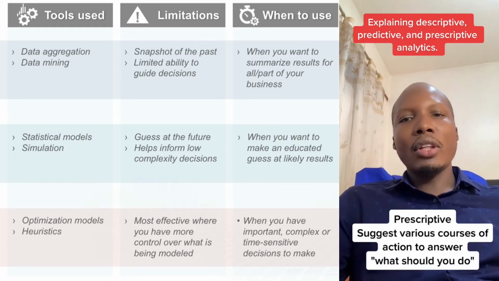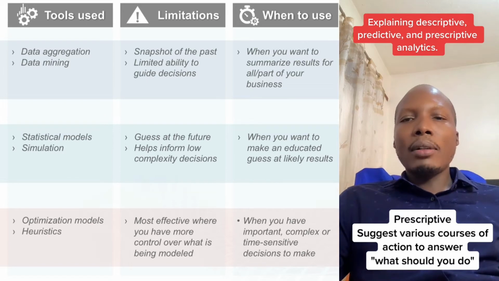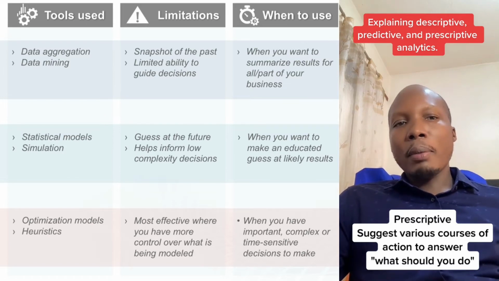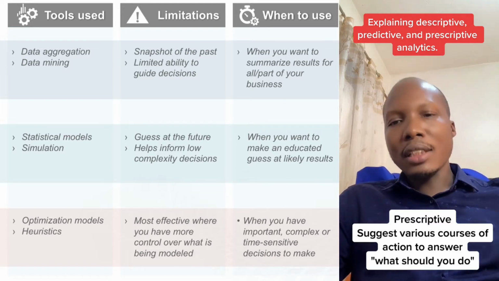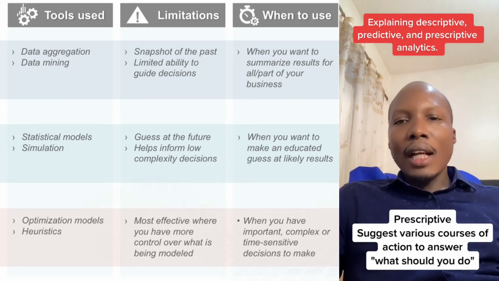So the prescriptive is all about what should you do. It uses optimization and simulation algorithms. So you simulate what you are meant to do such that you get a certain outcome or the goal you are targeting. So those are the three.